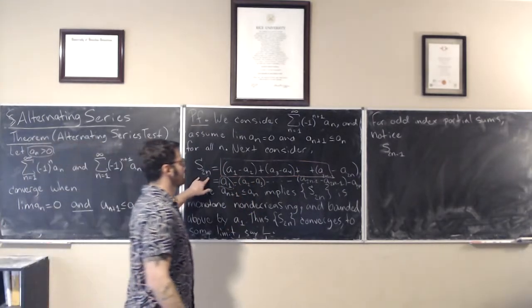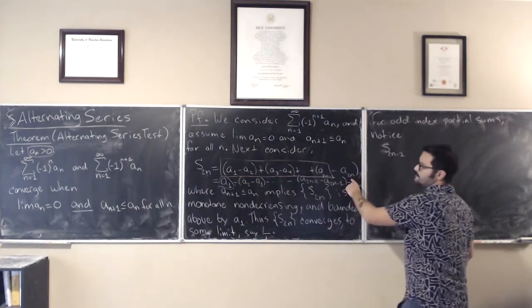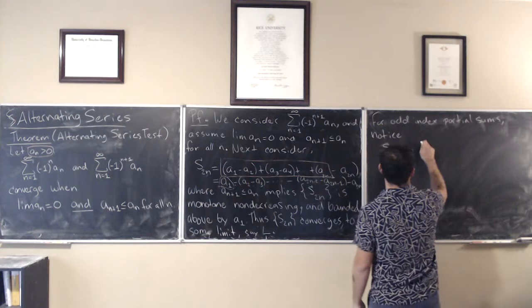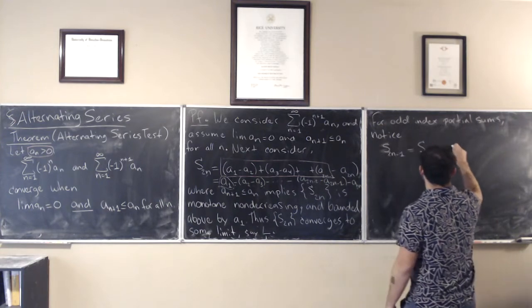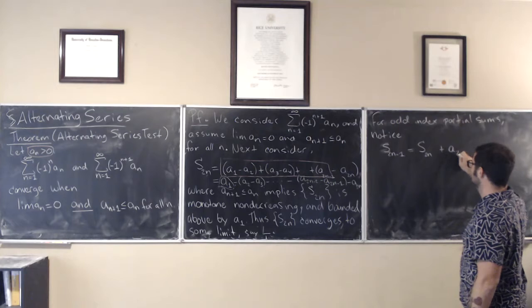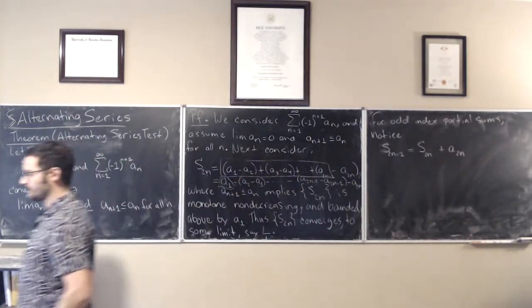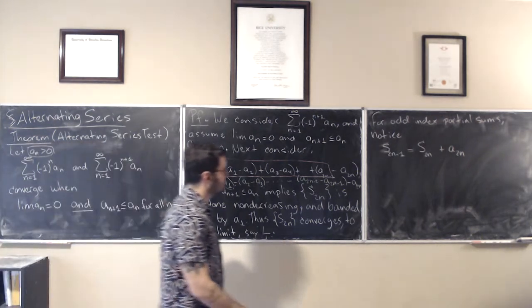So S of 2n plus a sub 2n equals S of 2n minus 1. So for any choice of n, that'll be your n partial sum, which again, this is a sequence. The partial sums are sequences.